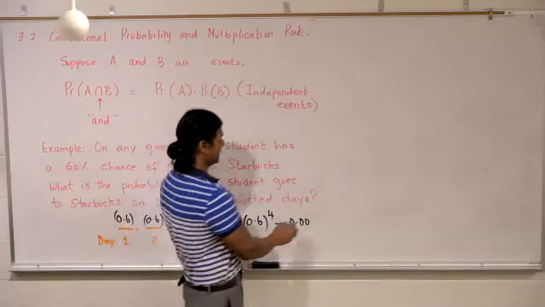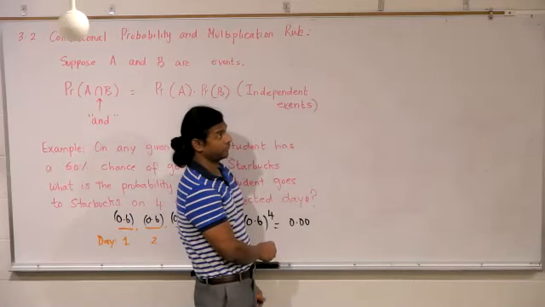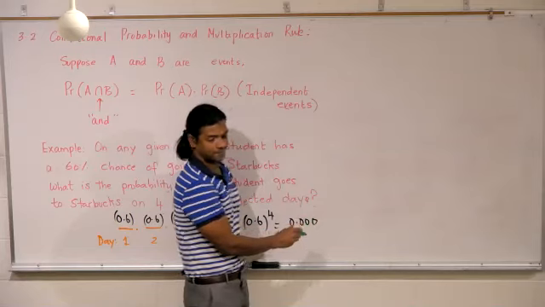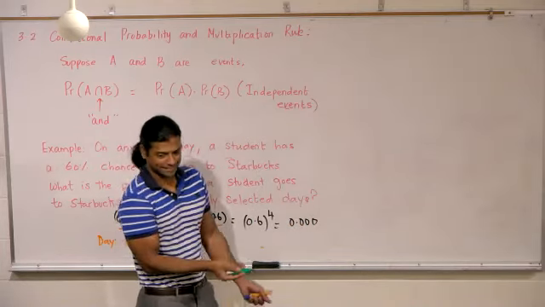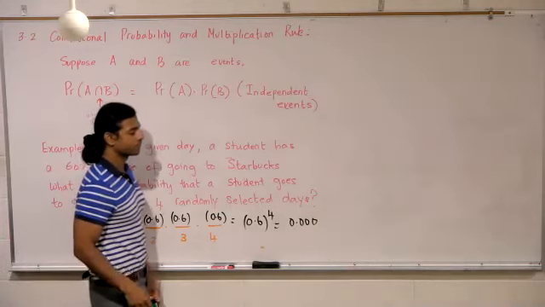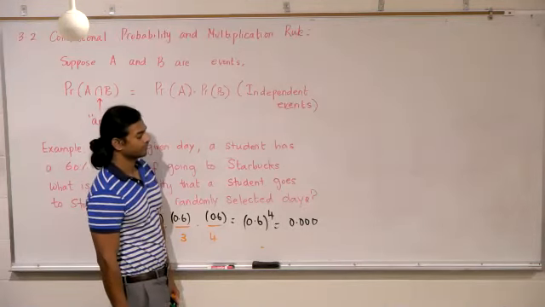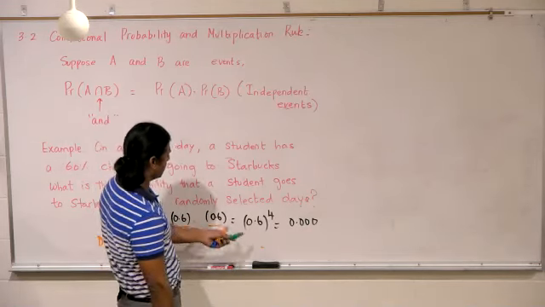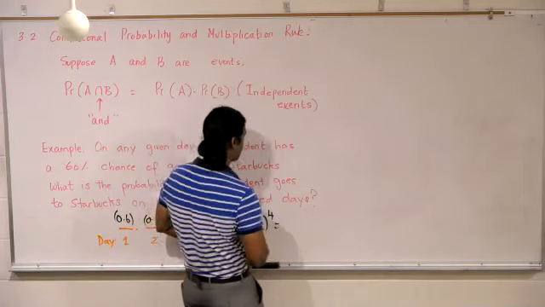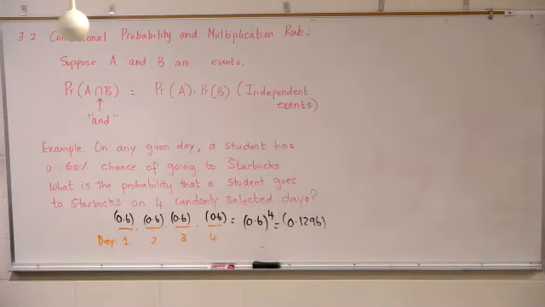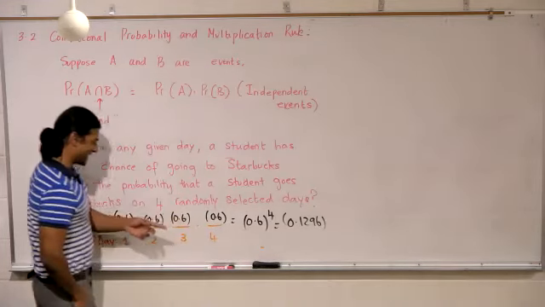You have to calculate. I got 0.1296. When you multiply 0.6, that makes sense.